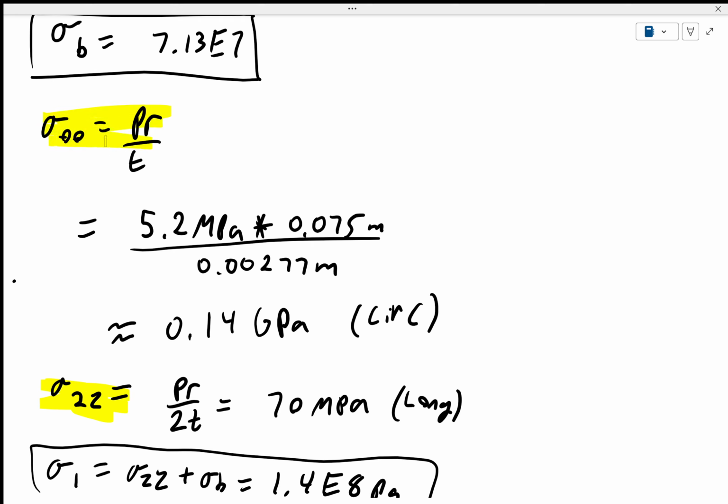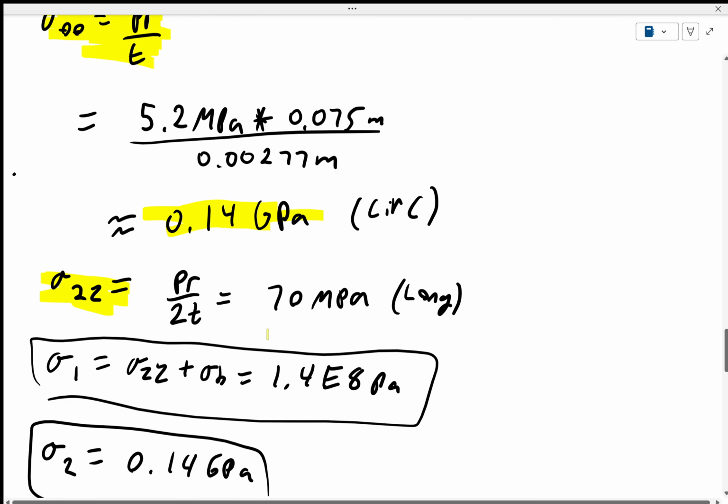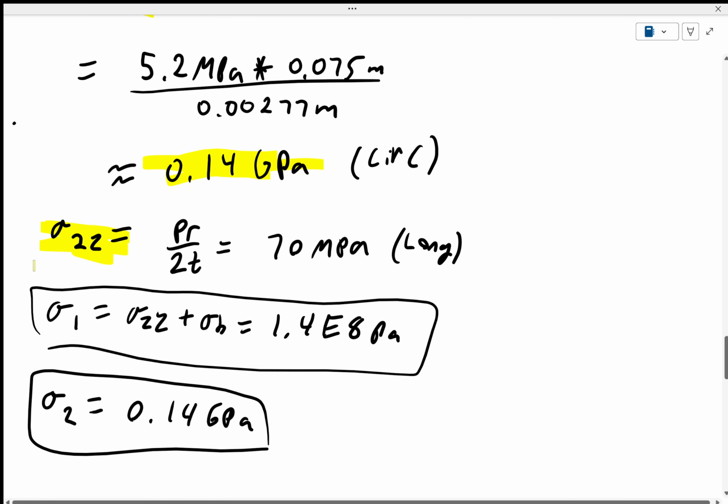So pressurized forces are the stress resulting from that pressure. And so we would expect that circumferential hoop stress to be greater, which here it was 0.14 gigapascals or 140 megapascals. And then our longitudinal was about half that, which makes sense because we know that equation's PR over 2. So it's just going to be half of whatever the circumferential or hoop stress is.